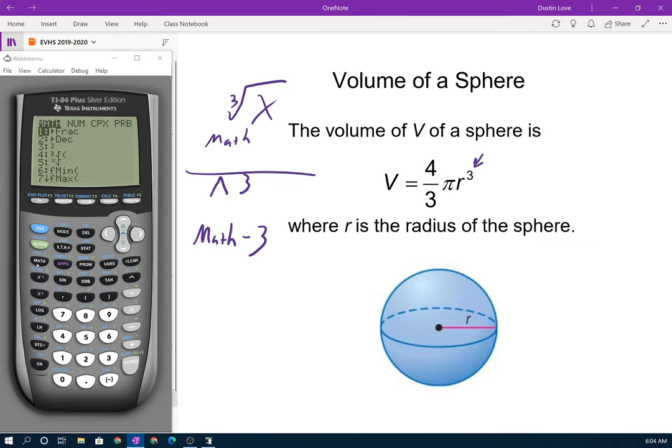You'll notice here option 4 gives me the cubed root. Same thing as square root, it gives me the radical bar that I can then put things inside of. So if I put the cubed root of 8, it's going to give me 2.